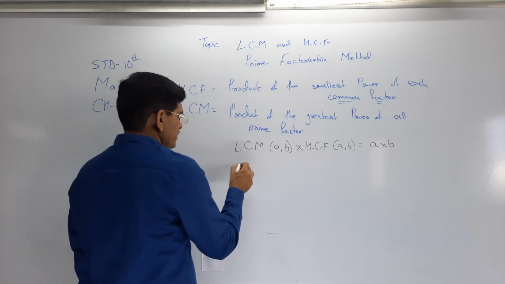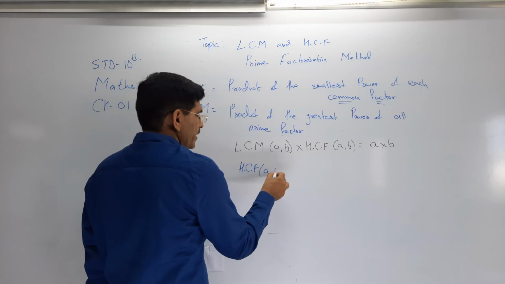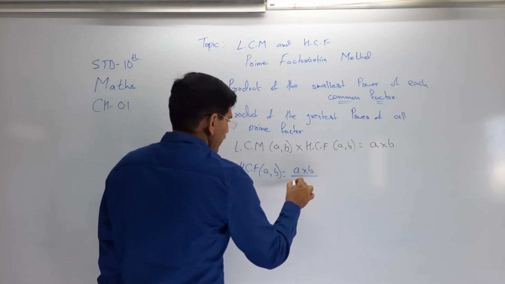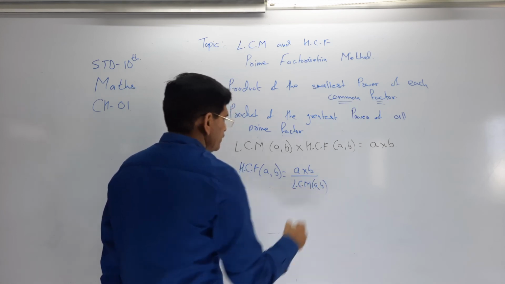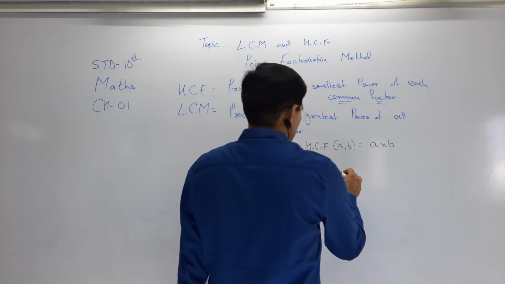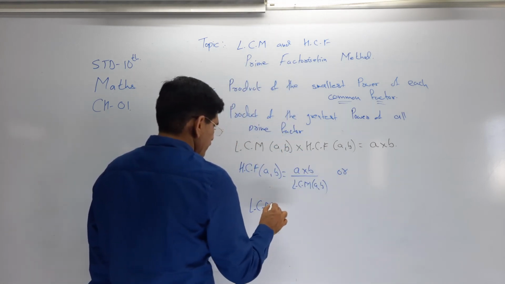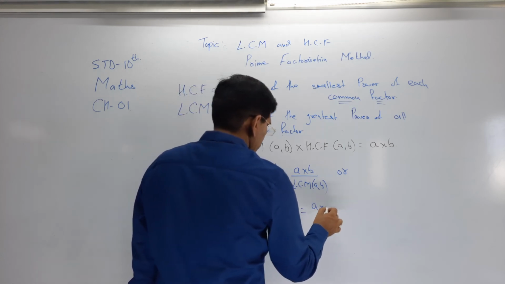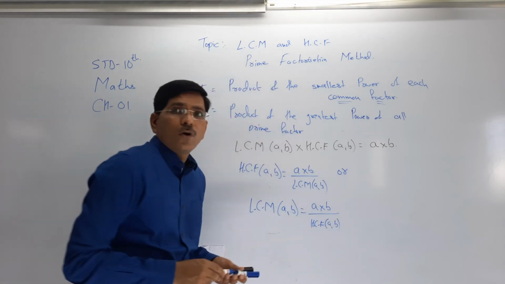So to find out LCM of A, B, it is A multiplied by B divided by HCF.